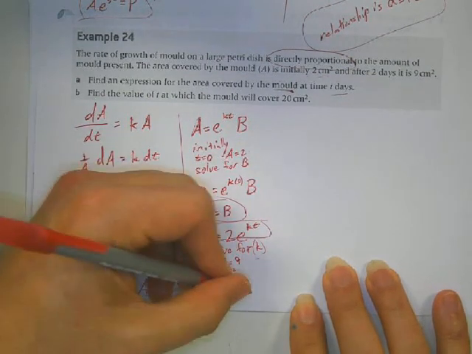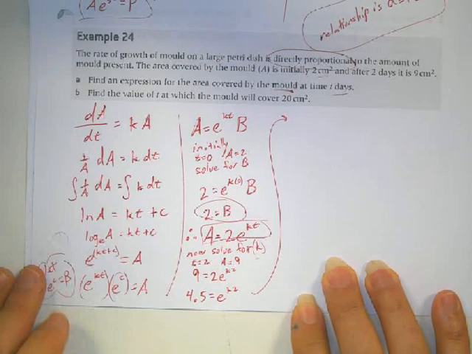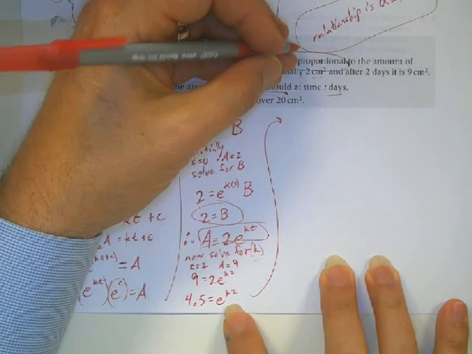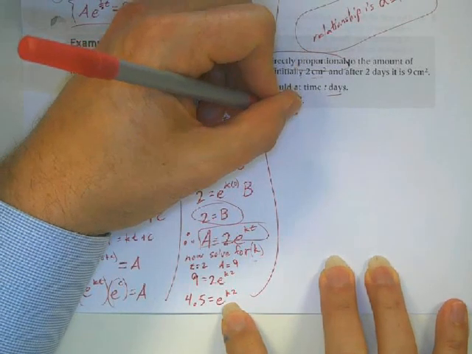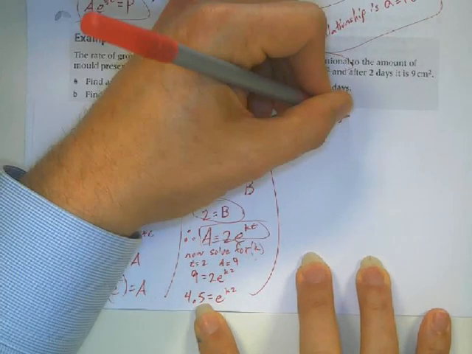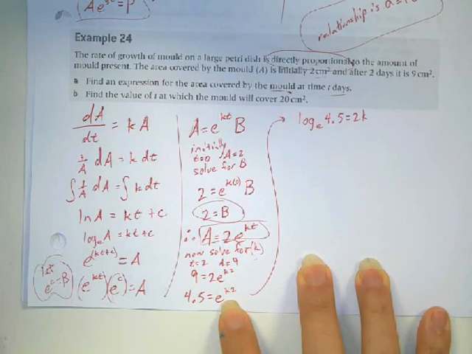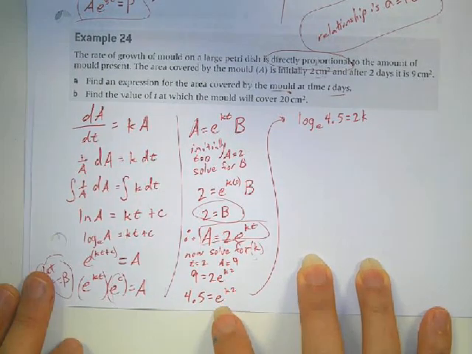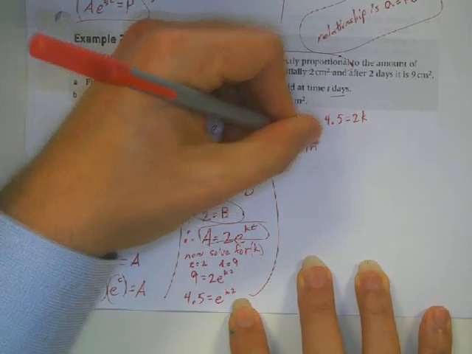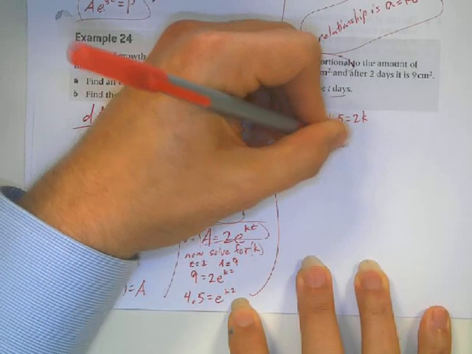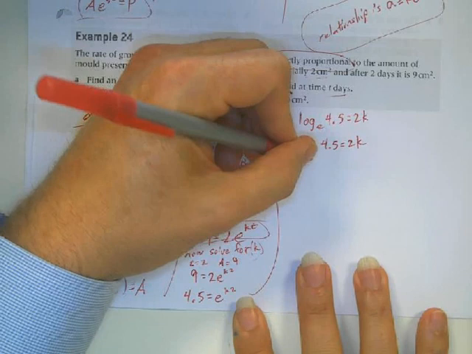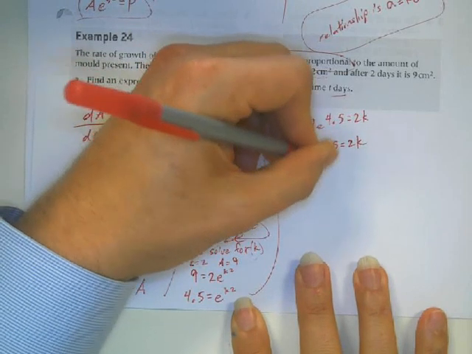And then I can convert this to logarithmic form. So I get log base e of 4.5 equals 2k. If I'm converting it, e to this power gives me the 2k. So we've got natural log 4.5 equals 2k. Therefore k equals natural log of 4.5 over 2.